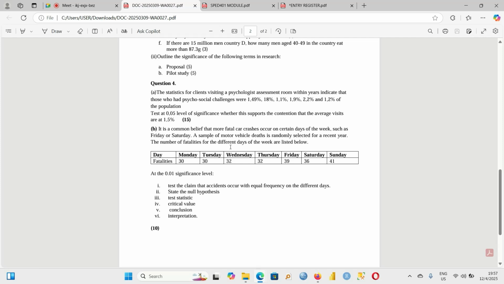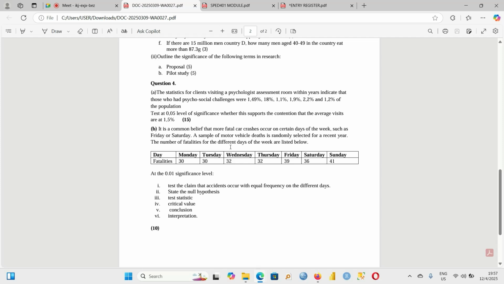The number of fatalities for the different days of the week are listed below: Monday, Tuesday, Wednesday, Thursday, Friday, Saturday, and Sunday. The fatality for Monday is 30, Tuesday 30, Wednesday 32, Thursday 32, Friday 39, Saturday 36, Sunday 41.